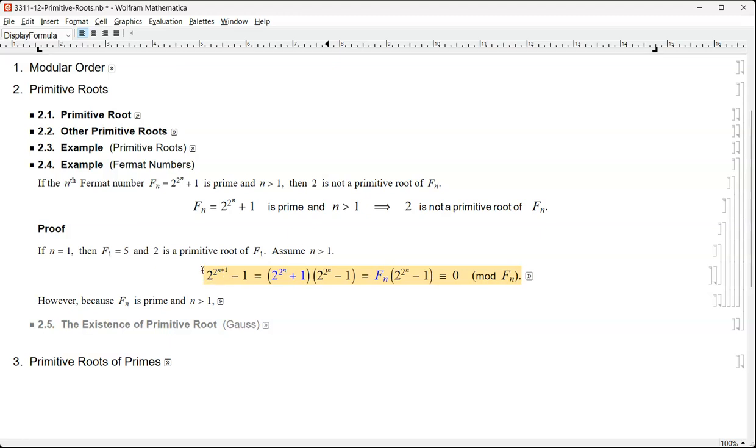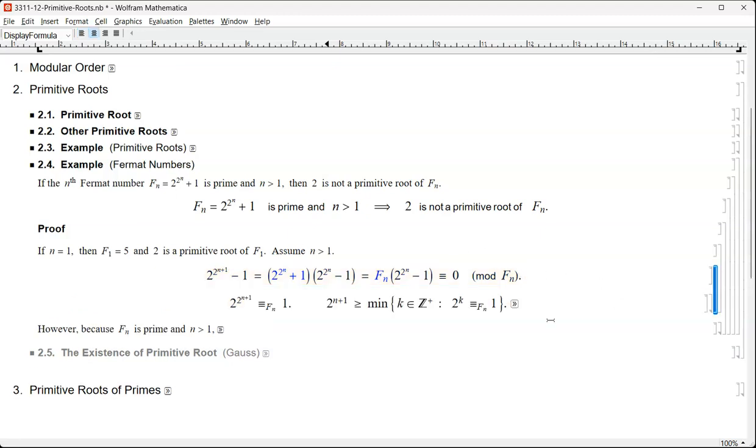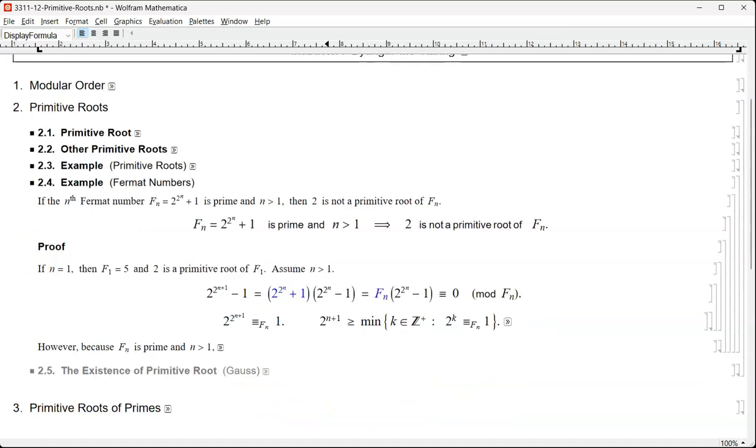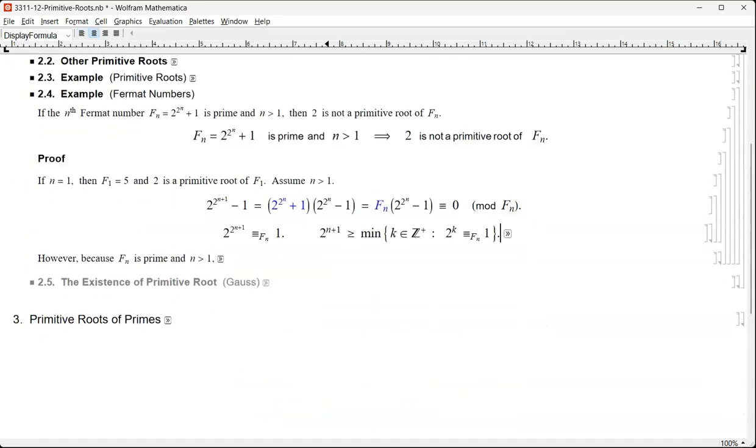So 2 is a 2 to the n plus first root of unity modulo Fn. That's what I'm getting. Therefore, the minimum should be less than or equal to that. And this minimum is, of course, the order of 2 modulo Fn. Make sense?